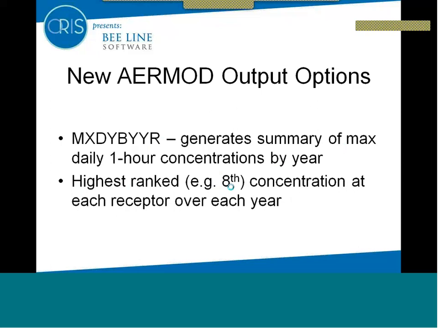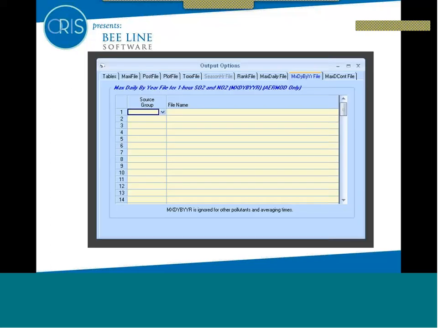Since we're doing 8th high, for example, for NO2, it'll give you the 8th high rank at each receptor over each year. And this is what this one looks like. Again, you select the tab, there's a drop-down for the source, and there's a drop-down for a file name. And again, you can only use this for 1-hour SO2 and 1-hour NO2.